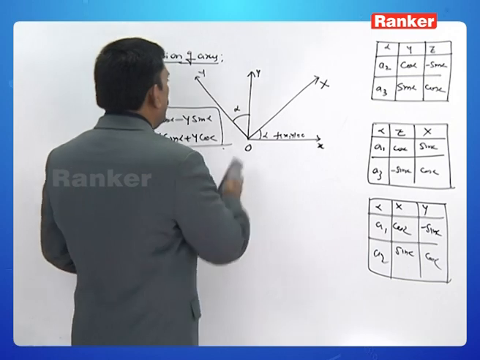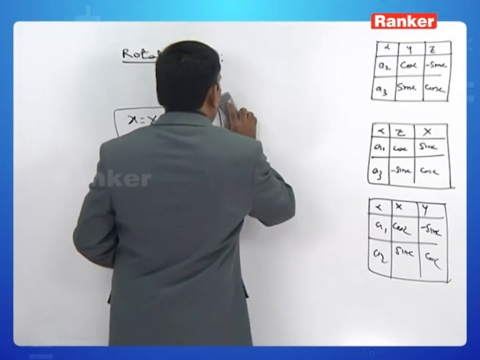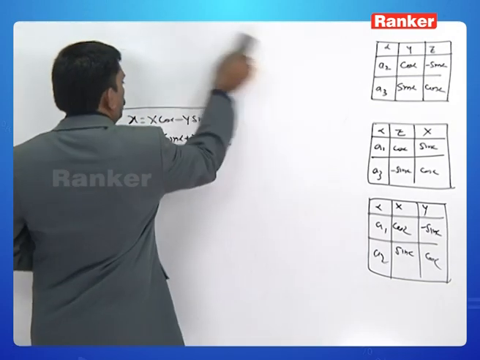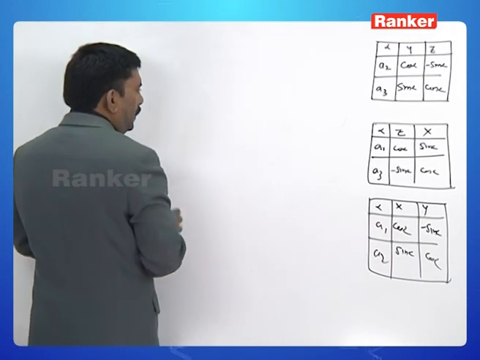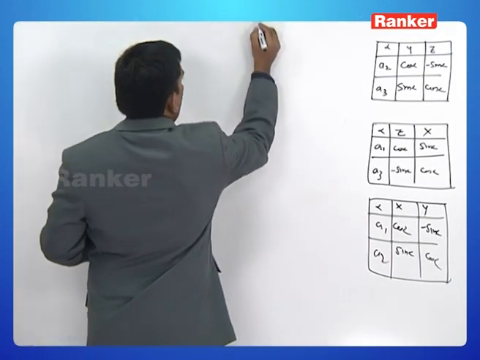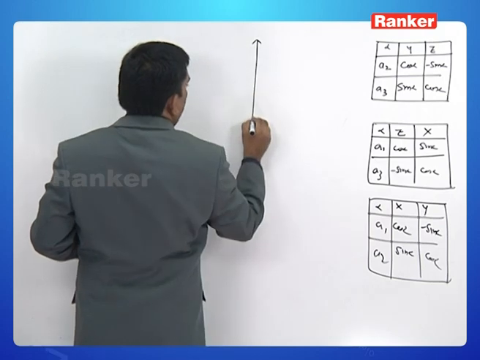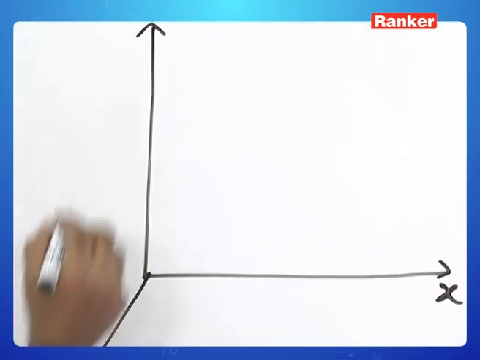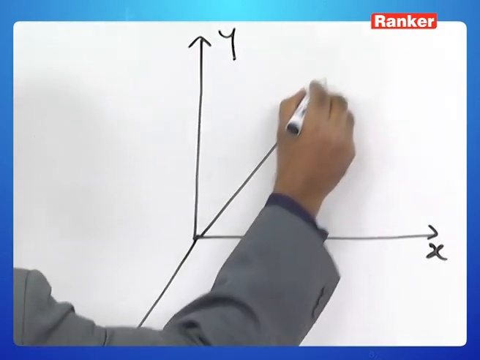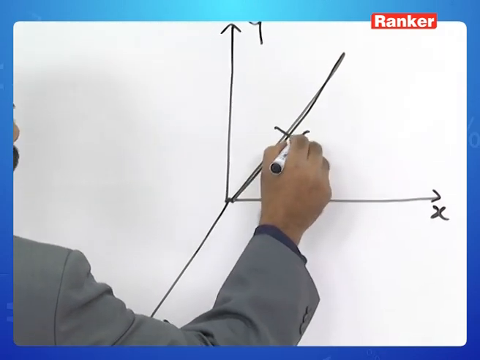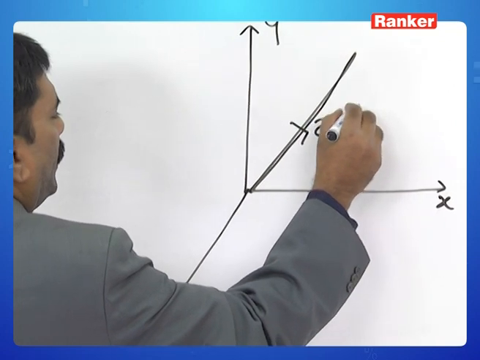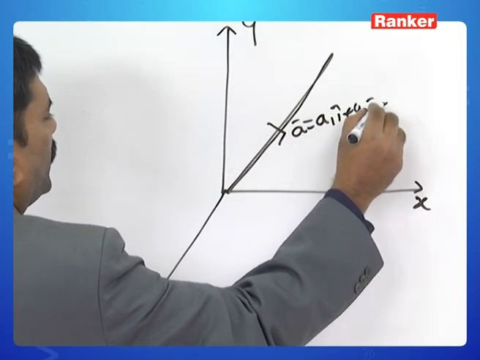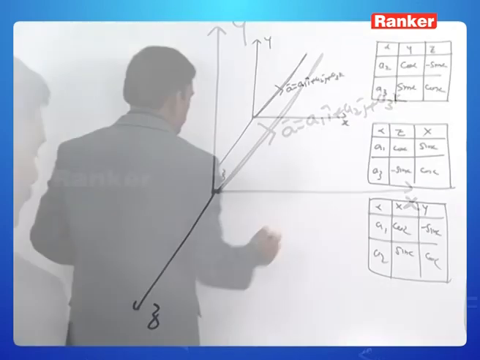Now the vector has, say for example, this is x, this is z, this is y. If I take this as vector a bar is equal to a1 i plus a2 j plus a3 k.